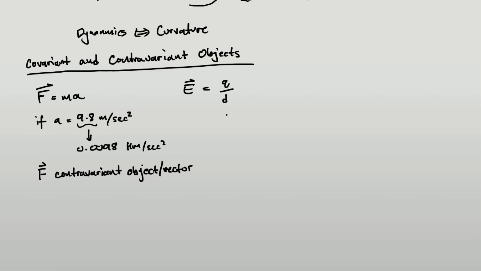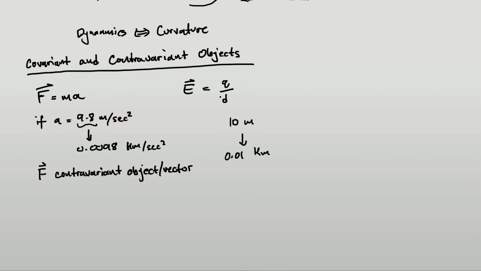In the case of the electric field, say we measure the distance between our charge to be 10 meters, and we transform our basis to kilometers, what happens to the electric field, right? So 10 meters is 0.01 kilometers, right?